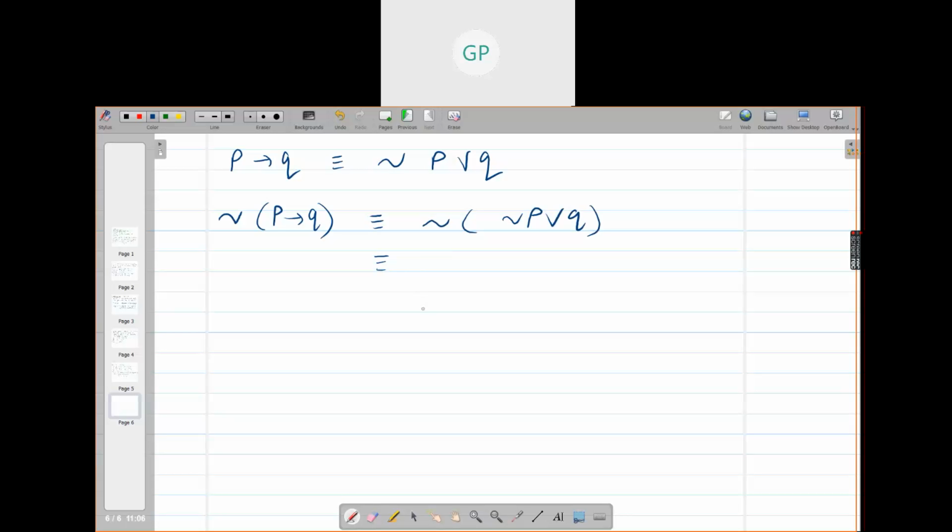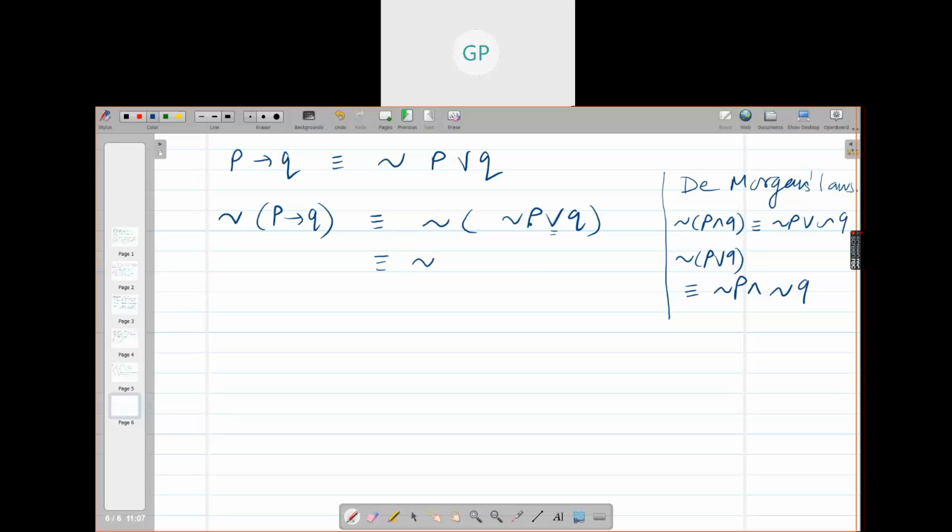What are De Morgan's laws? Anybody can recall De Morgan's laws? We are going to write down all of them, but you have already done these. Negation of P and Q is equivalent to negation P or negation Q. Negation of P or Q is equivalent to negation P and negation Q. So here, negation of negation P or Q, the or will become and: P and negation Q. Are you getting it?